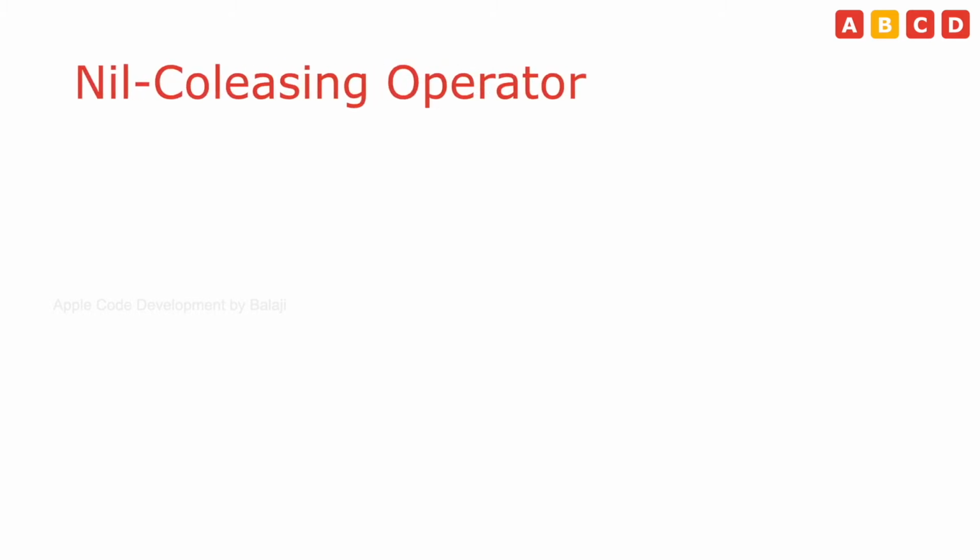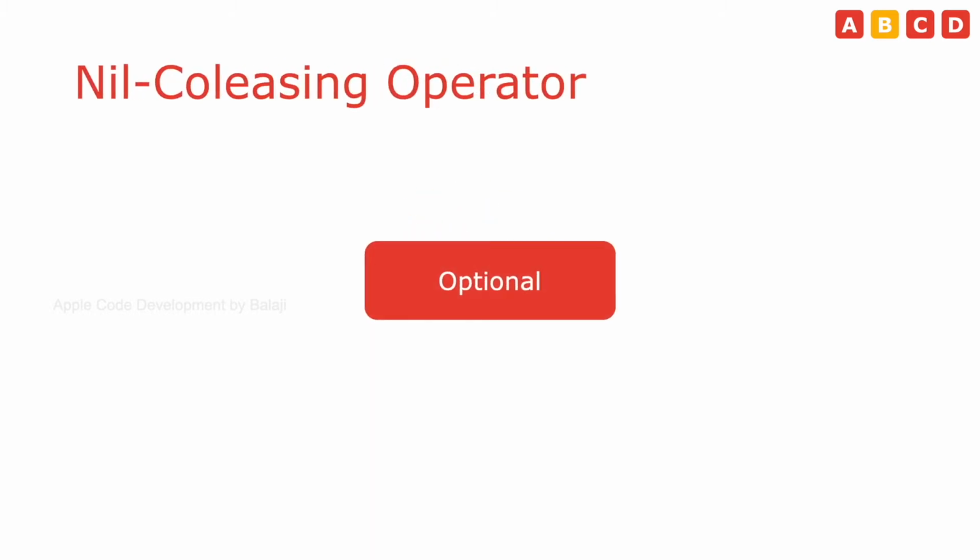The seventh topic is Nil-Coalescing Operator. To unwrap and use optional properties, we can use the Nil-Coalescing Operator. This is also the same as the ternary operator. The eighth topic is Range Operator. It is used to loop between particular ranges based on its usage.